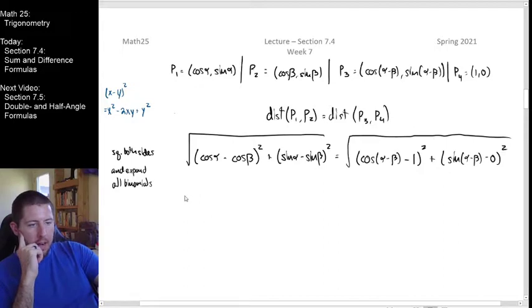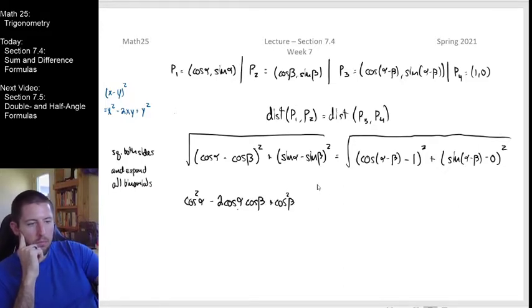So I'm seeing here that from our first grouping, I'm going to get a cosine squared alpha minus 2 cosine alpha cosine beta plus cosine squared of beta. That's my first grouping. My second grouping here is going to be plus sine squared of alpha minus 2 sine alpha sine beta plus sine squared beta.